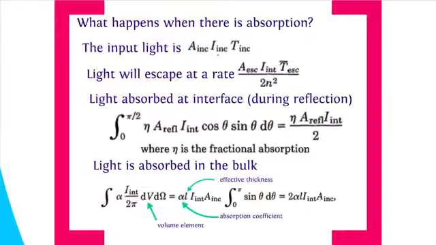So alpha times the intensity inside divided by 2 pi, dV d omega, and we do the integral. dV is a volume, and we're looking at a tiny volume, and we integrate over all the volume of interest and all the solid angles of interest, which we can write as follows: alpha times L, which is the effective thickness of this layer, more or less this thickness.